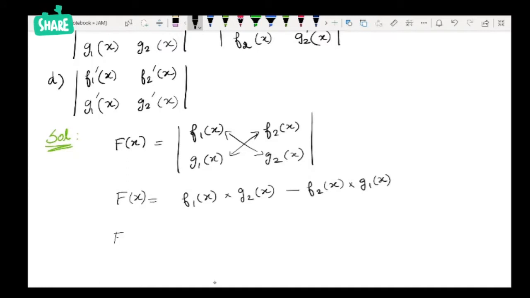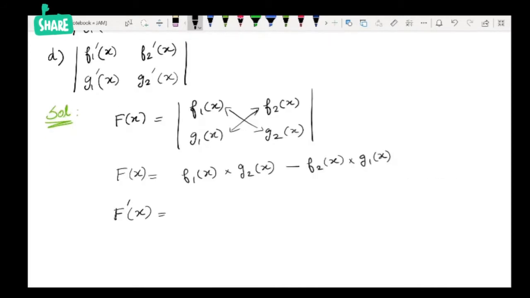Now we can find the derivative of this, which is the derivative of all the terms on the right hand side, or we can simply write f1 g2 minus f2 g1 the whole dash.